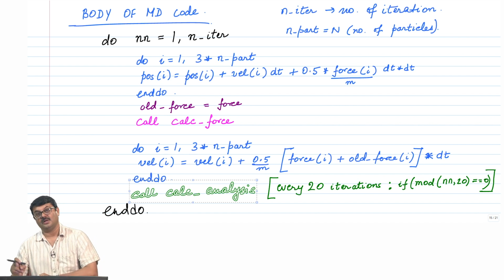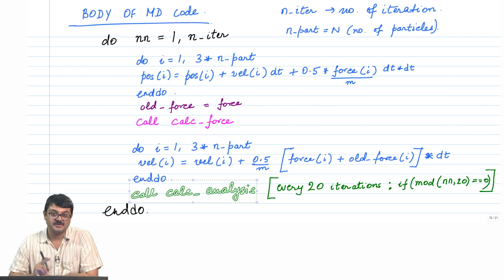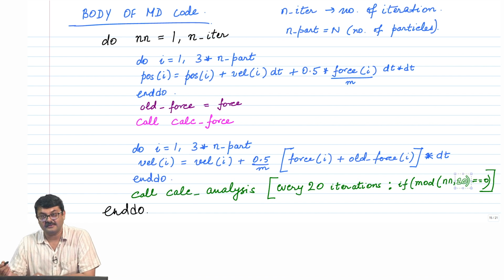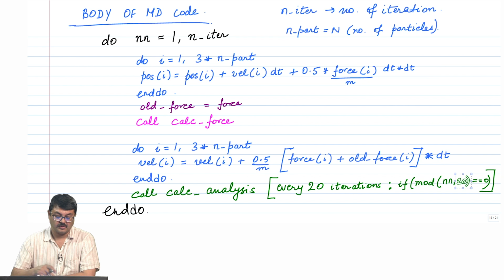If that condition is satisfied, then you call calc analysis, which means every 20 iterations. If instead of 20 you put 100 here, then every 100 iterations it is going to call this subroutine, right.